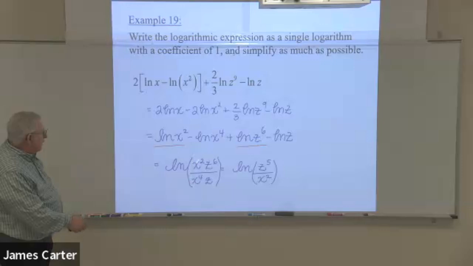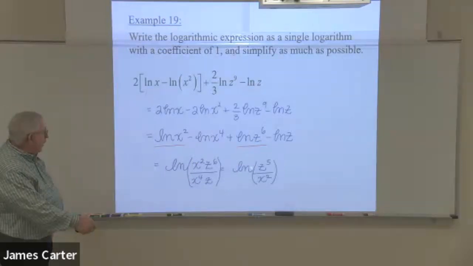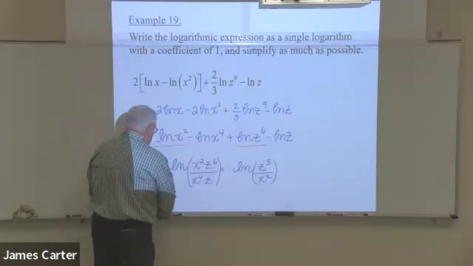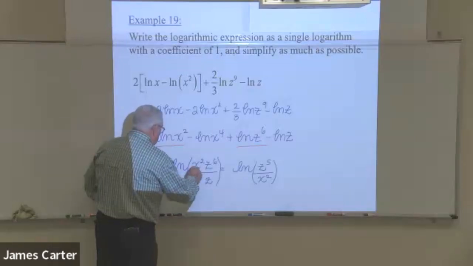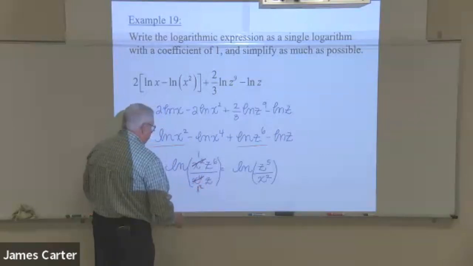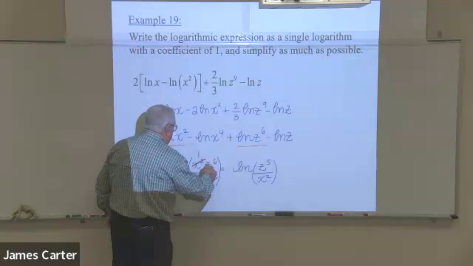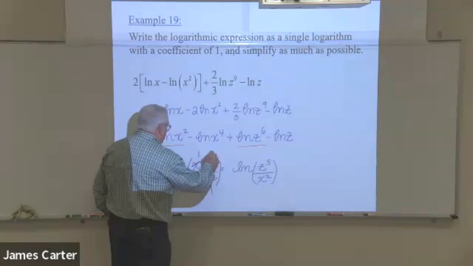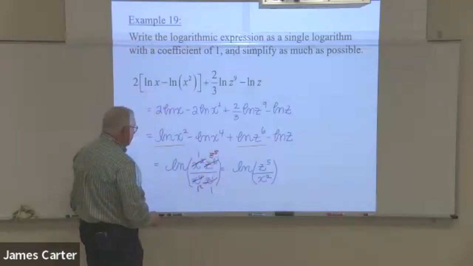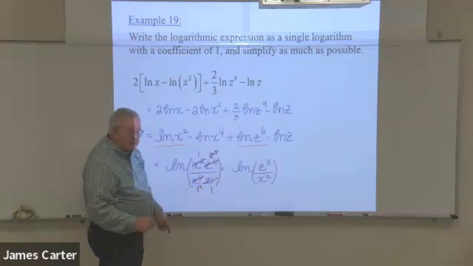We can simplify this x squared over x fourth to 1 over x squared. This z to the first and z to the sixth, 1 there, and z to the 5th here. So I've got z to the 5th over x to the 2nd.